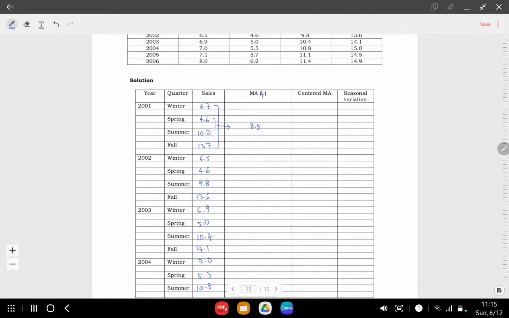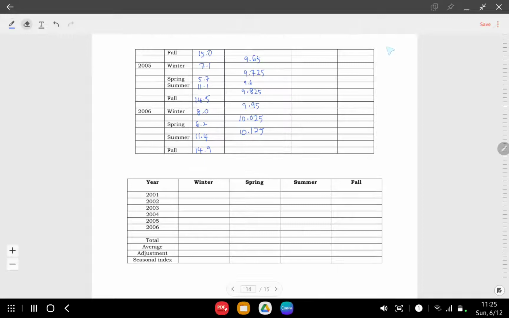And then the second 4 is right here. 4.6 plus 10 plus 12.7 plus 6.5 divided by 4. So here 8.45, and then we need to fill in completely this column. Here I have filled in all the required values in the second and the fourth column.